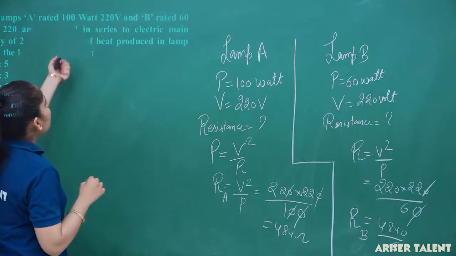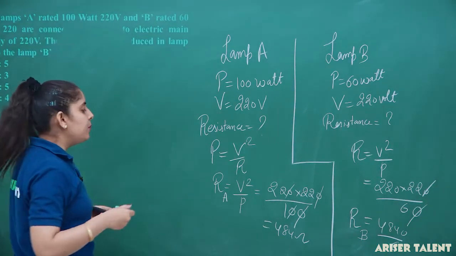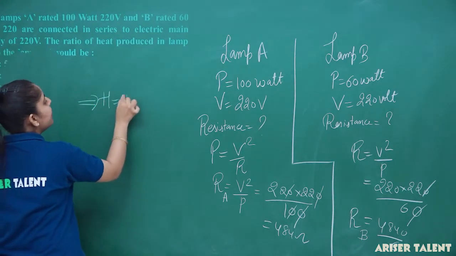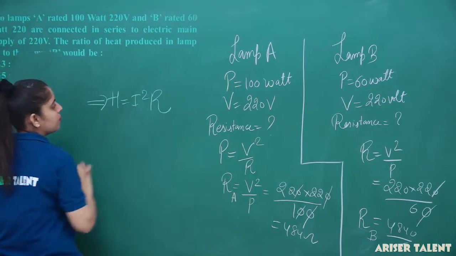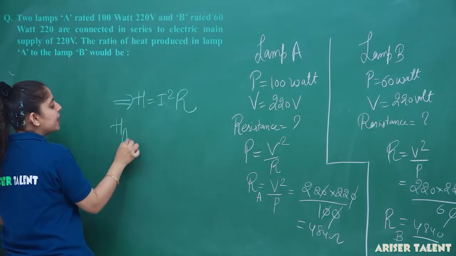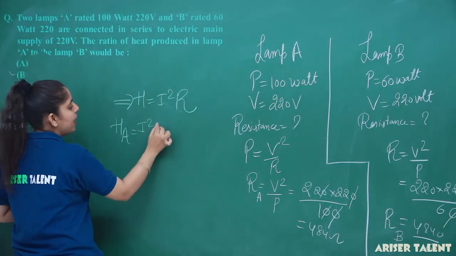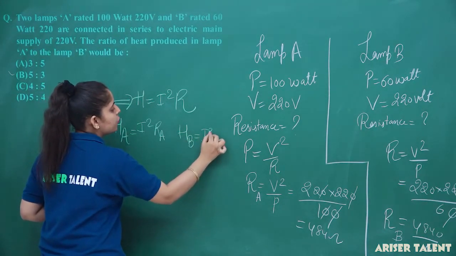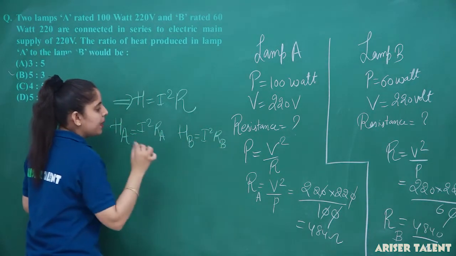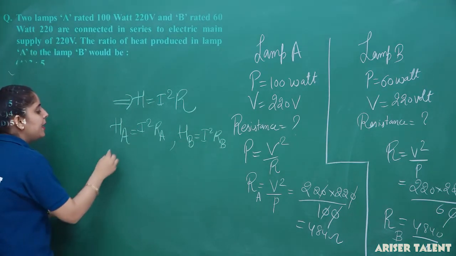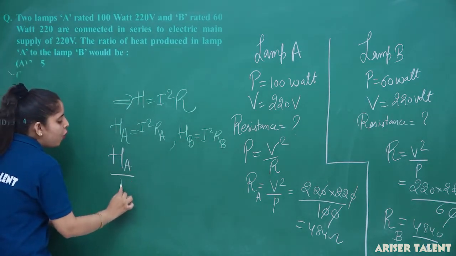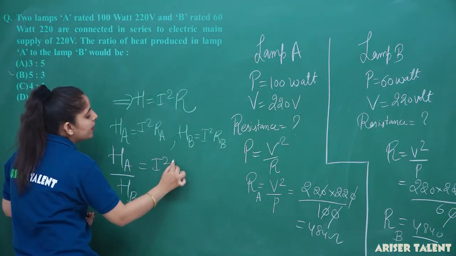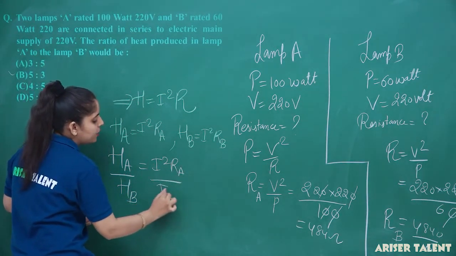Now, if you want to calculate the ratio of the heat produced in the circuit, the formula for heat is I square R. If the heat is produced in lamp A, it must be I square Ra. If heat is produced in lamp B, it must be I square Rb. Now, if I am going to find out the ratio of heat produced in A and B, it came out to be I square Ra upon I square Rb.